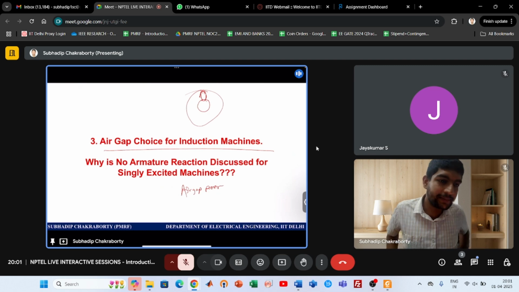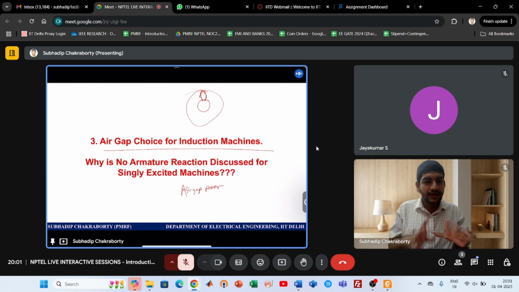But in the DC machine, the armature, where you tap the power wires, is sitting on the rotor itself, because you need commutation. For AC machine, the armature is sitting on the stator. That doesn't create a big difference.